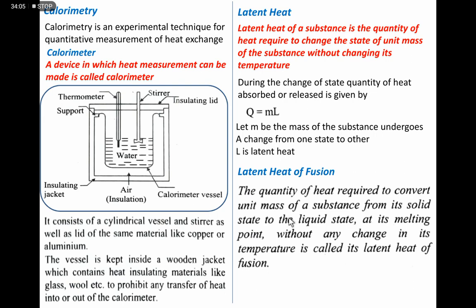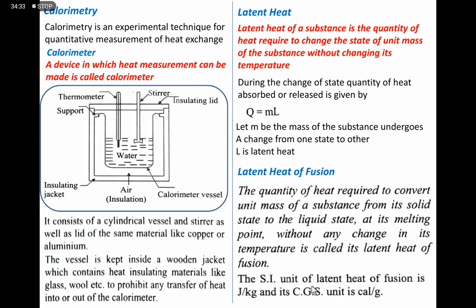During this change in state, at the melting point, there is no increase or decrease in temperature of the body. Temperature remains the same during the change of the state. So this is the latent heat when the substance changes from solid to liquid.